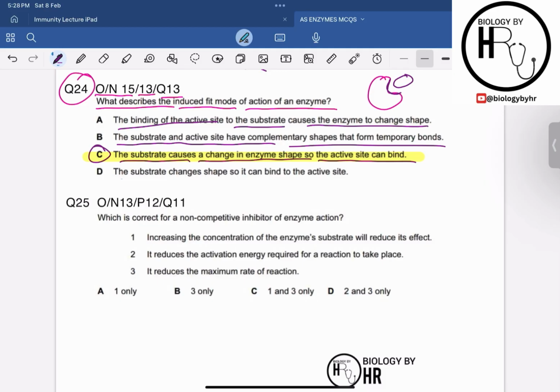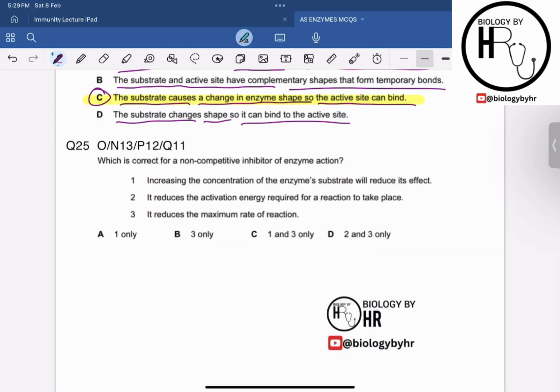Then option D says that the substrate changes shape so it can bind to the active site. But the substrate does not change shape. Basically, the enzyme changes the shape of the active site so that the substrate can easily bind to it. So the correct answer is option C.